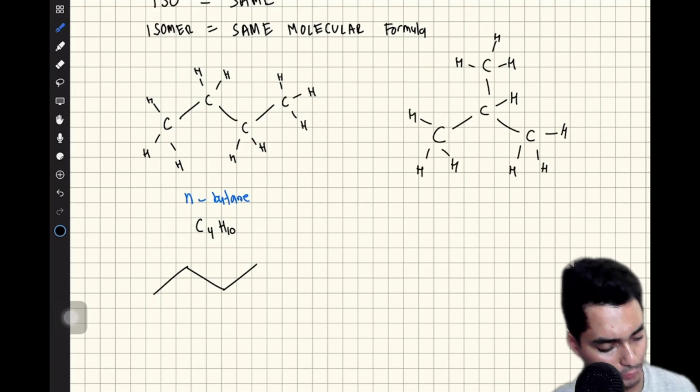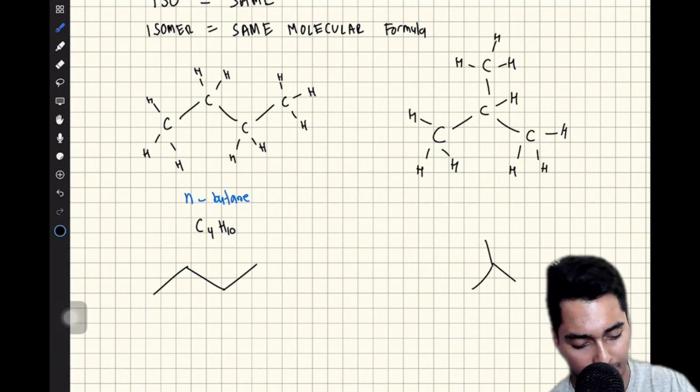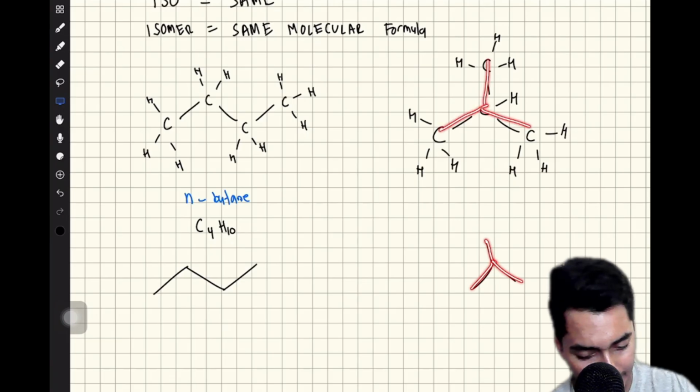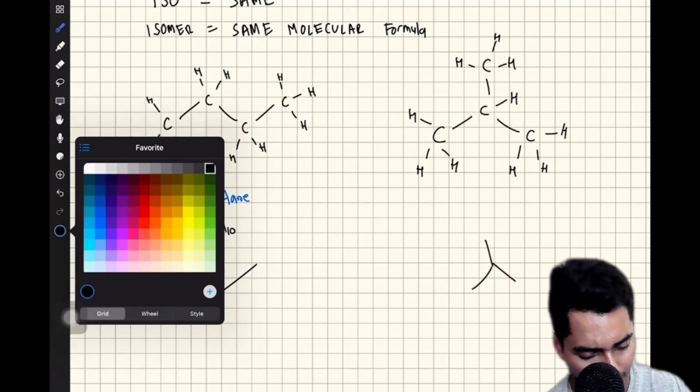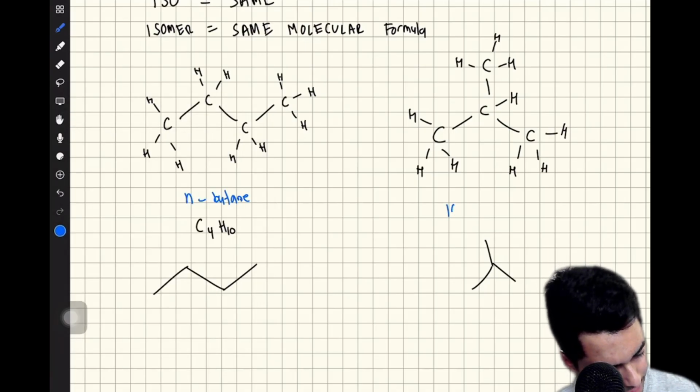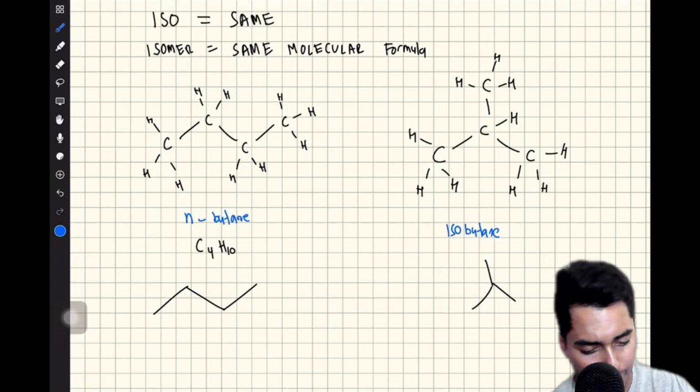If we were to draw the line structure for this guy, it would look something like this, where again, each of the lines indicates where the carbon lives. And this is going to be isobutane. So they're both C4H10, right?